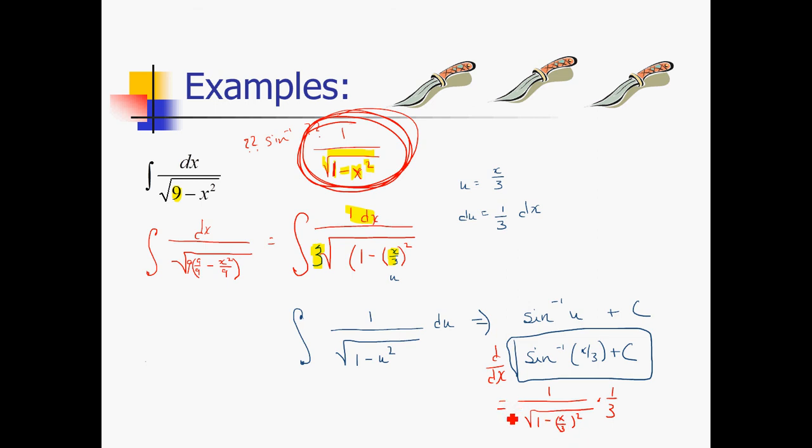And what does that look like? 1 over the square root of 1 minus x squared over 9 with the 3. But of course you could rewrite that as 1 over the square root of 9 times 1 minus x squared over 9. And shocker, what is that if you distribute the 9? Ta-da!